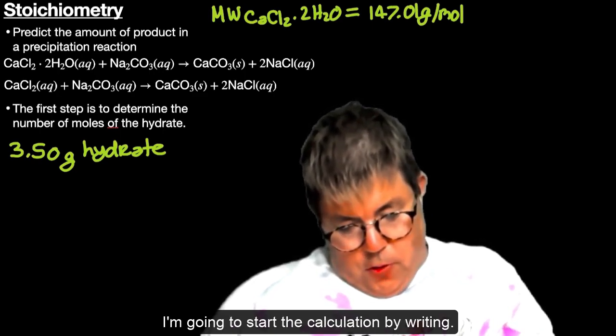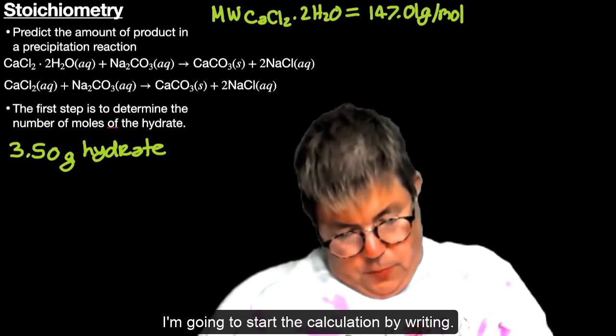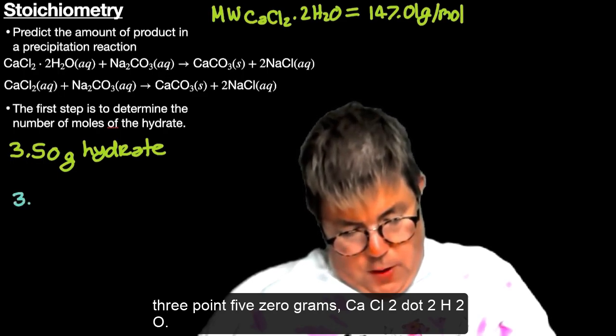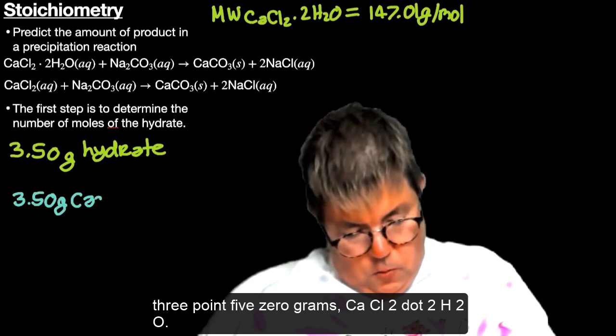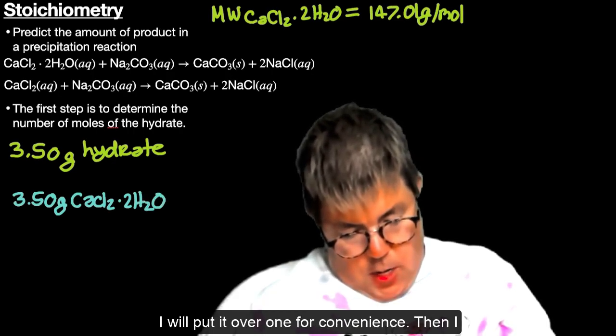So I'm going to start the calculation by writing 3.50 grams CaCl2 dot 2H2O. I will put it over 1 for convenience.